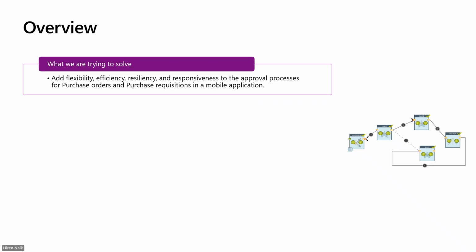These features leverage the existing workflow capabilities of Microsoft Dynamics 365 Finance and Supply Chain Management and enhance the end-user approval experience. The new features aim to revolutionize the approval process within the mobile application, specifically targeting purchase order and purchase requisition. By introducing these features, users can expect a significant enhancement in flexibility, efficiency, resilience, and responsiveness during the approval stages.